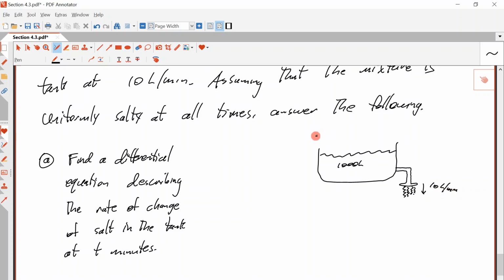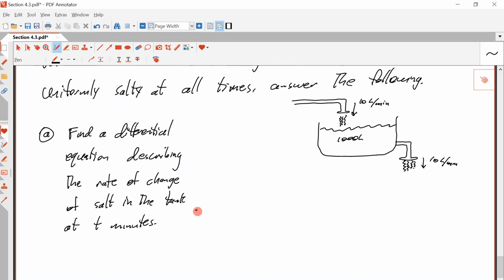And liquid is coming into the tank at a rate of 10 liters per minute. So there's 10 liters a minute coming in, 10 liters a minute going out, so the amount of liquid in the tank stays at 1,000 liters. Okay? So, first let's find the differential equation.